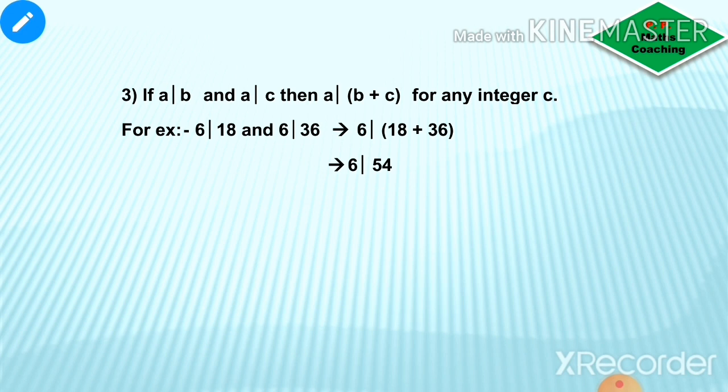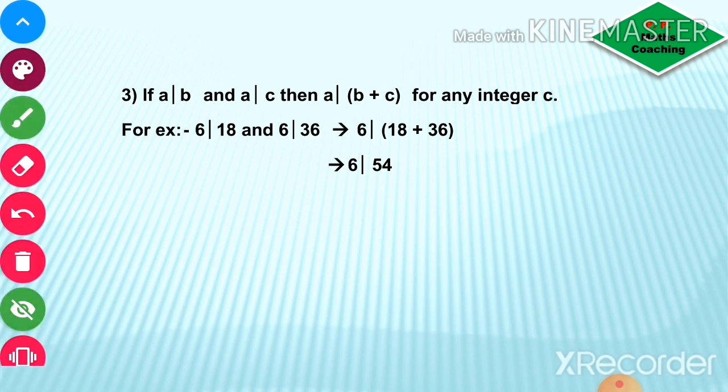For example, 6 divides 18 and also 6 divides 36. We know that 18 is divisible by 6, and 36 is also divisible by 6. Then 6 divides 18 plus 36, and 18 plus 36 is 54. That means this 54 is also divisible by 6.